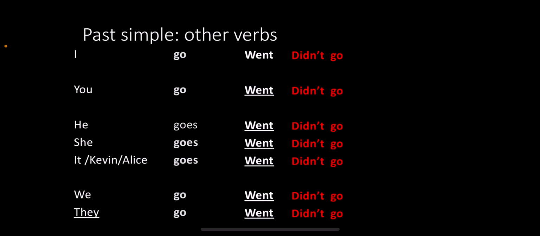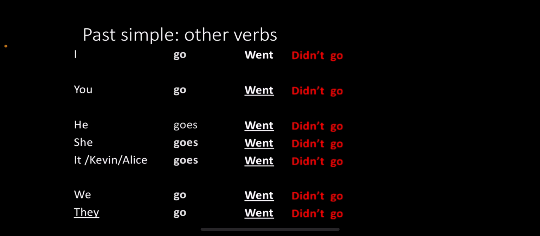So I didn't, and check that my verb now is in the base form, in infinitive. Yeah, this is important because did is past, so I don't need to repeat the past in the verb because did is converting the sentence in past. So I didn't go to the school yesterday.